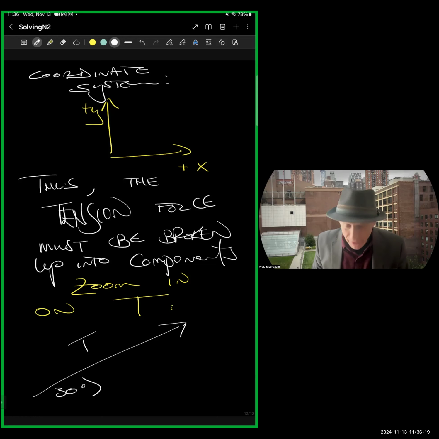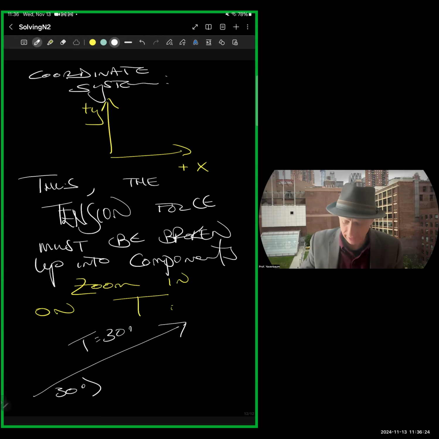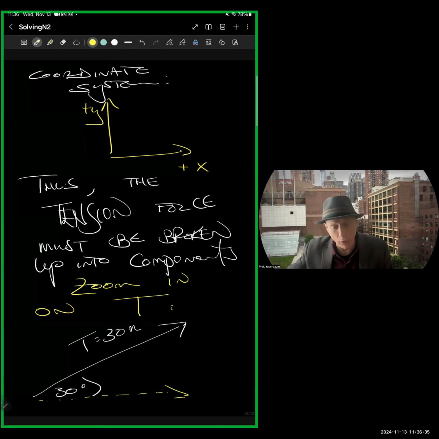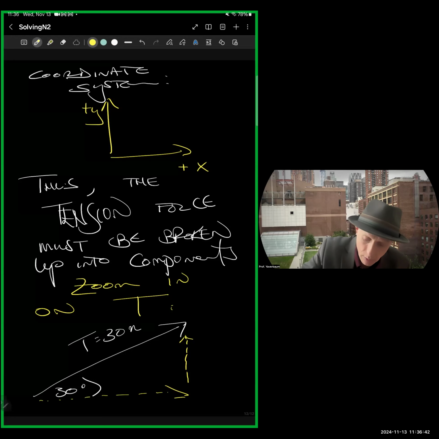So if I zoom in on the tension, it's 30 newtons at 30 degrees up from the horizontal. Well, what that really means is the apple's being pulled over some amount while it's being pulled up some amount. Specifically, it's being pulled up at T sine of the angle, and it's being pulled over at T cosine of the angle.